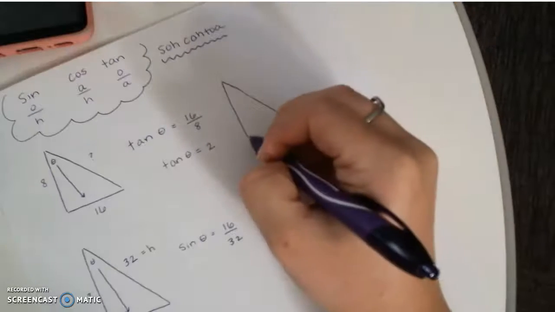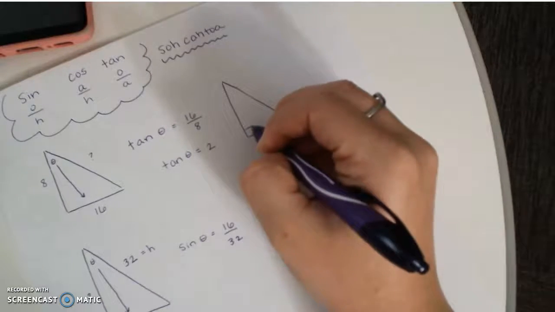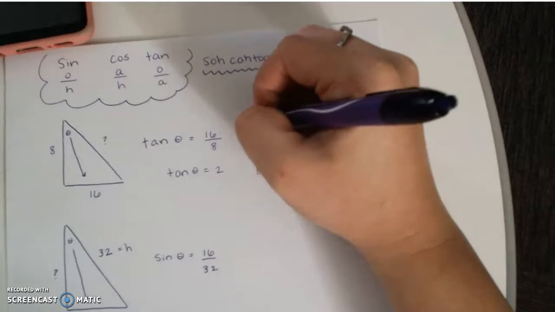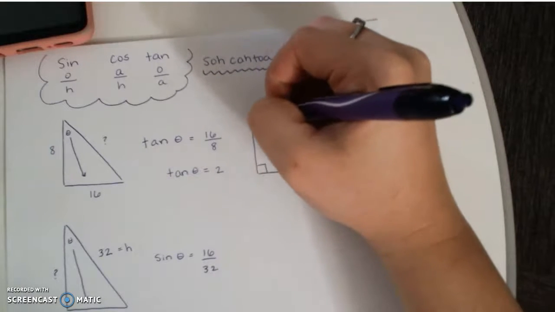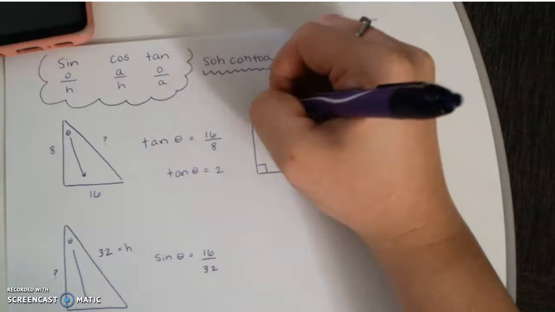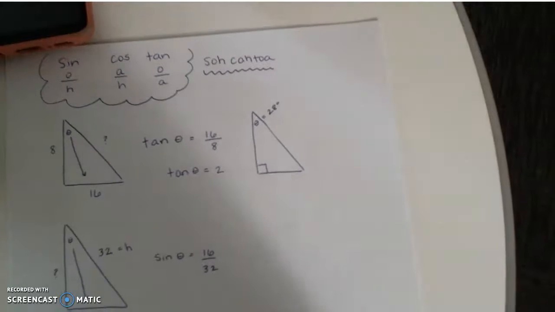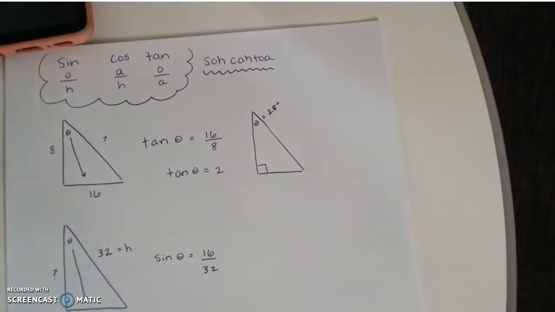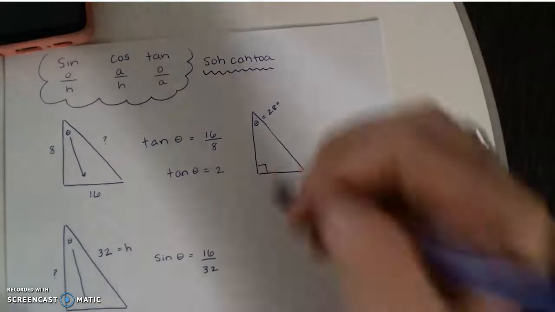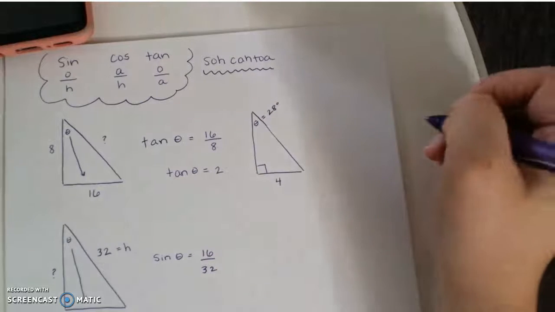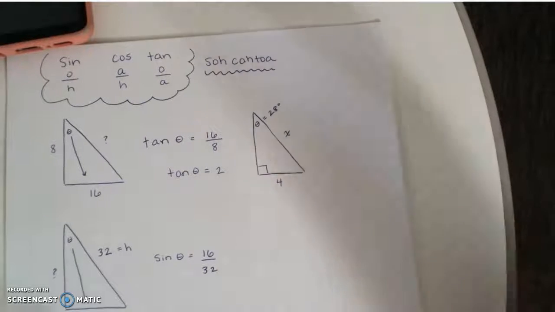Say that I had a 90-degree triangle, and I know that this angle, theta, equals, let's say, 28 degrees. And I know that this side is, let's say, 4, but I wanted to know what this side is.